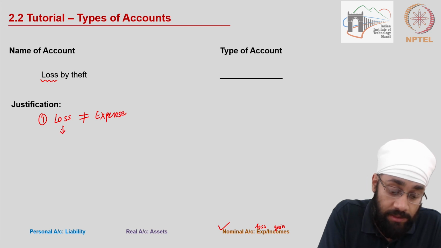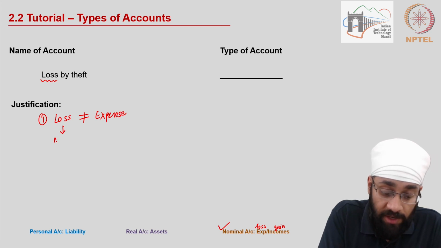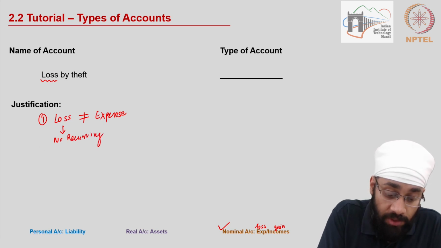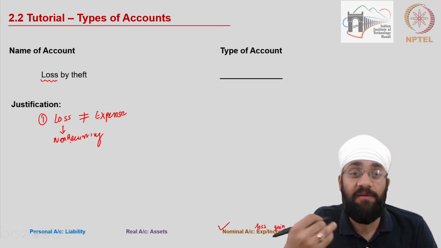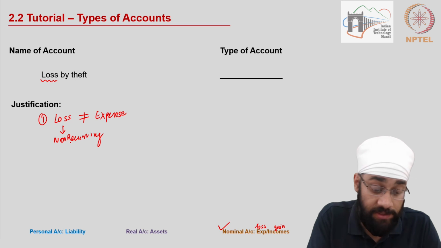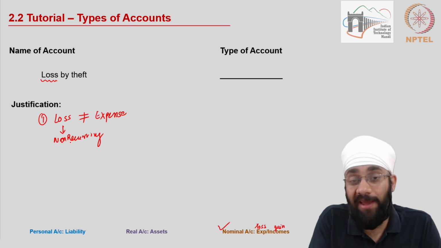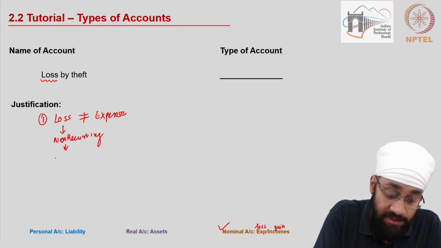A loss is non-recurring in nature. What is non-recurring? Recurring means it repeats. It's a regular feature in your business. When we say non-recurring, I mean it's not in your control.